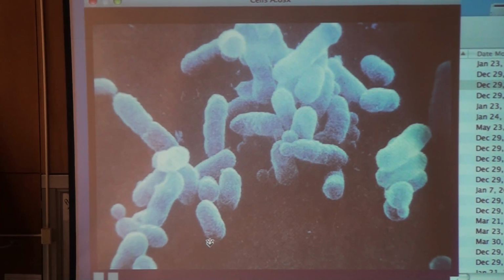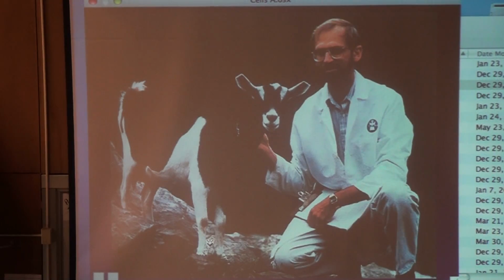They can take bacteria and put in, let's say, genes for the human protein insulin and manufacture insulin that they can give to diabetics, and that insulin is made by the bacteria. And I think I showed you this slide before. They took some genes for some human proteins and put them inside the DNA of this goat. Well, the goat uses the same genetic code, so it makes the correct human proteins, and they milk the goat and then purify the human proteins away from the milk, and you get, again, pharmaceutical drugs.